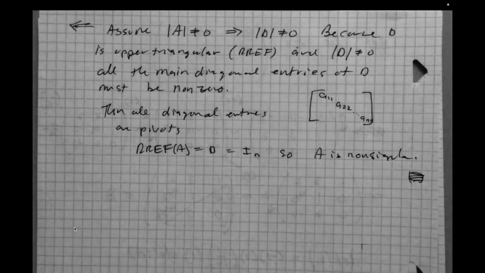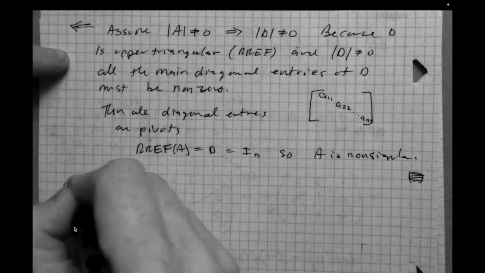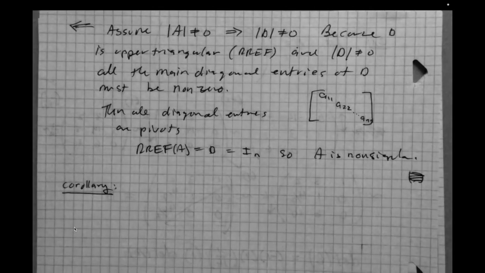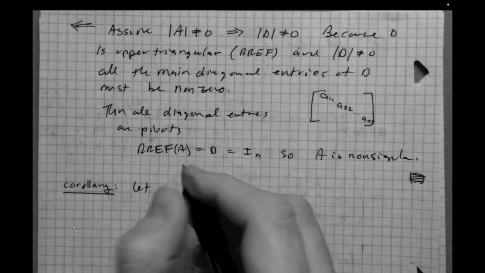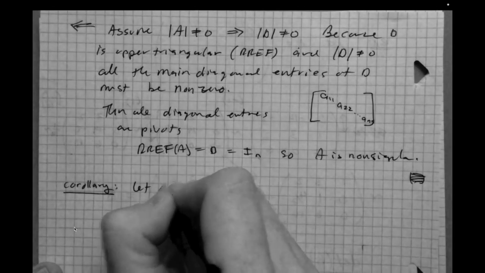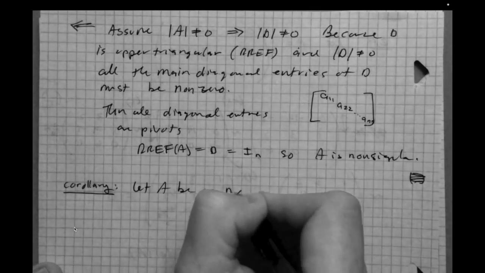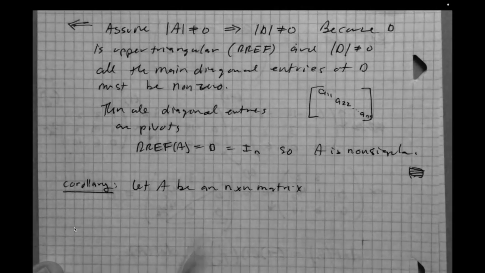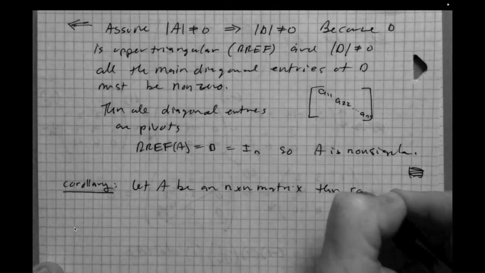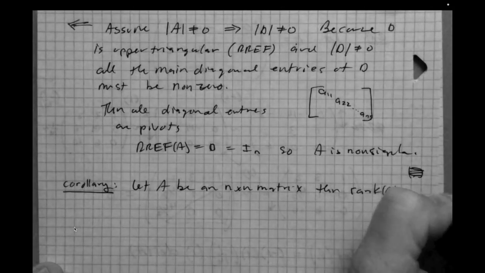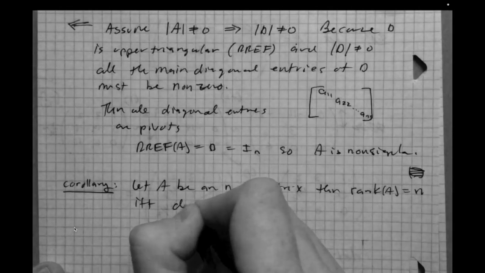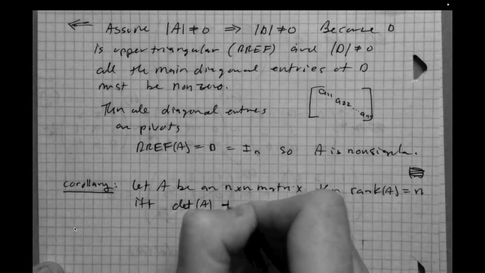Okay, and something that I don't think we've said but follows really quickly from this, and we won't prove it, but I'll state it if you haven't already caught this. If A is an n by n matrix, then the rank of A is equal to n if and only if the determinant of A is non-zero.